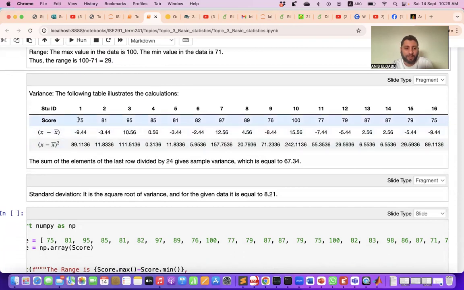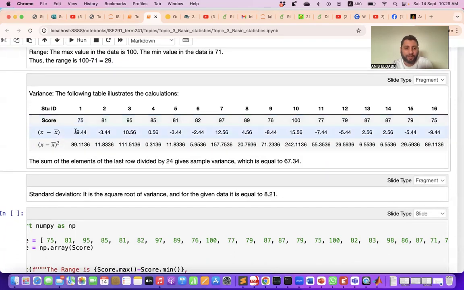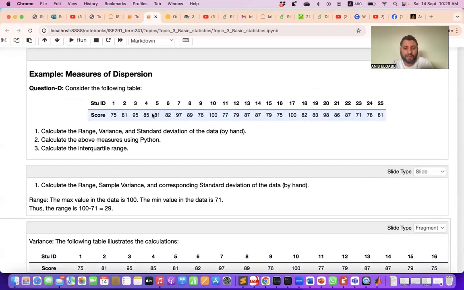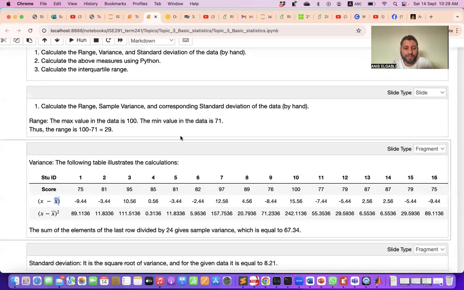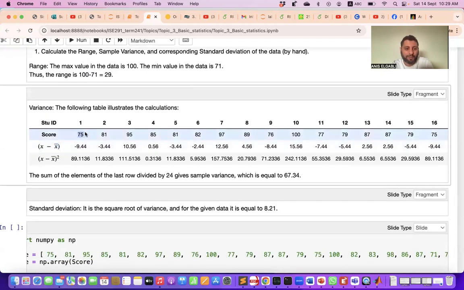Now we are computing the variance and the standard deviation. For every point, we take the difference between that point and the mean. So we compute the mean, assuming these are samples from the population, and for every point we take the difference between that point and the mean.